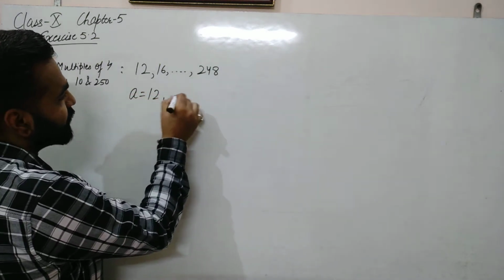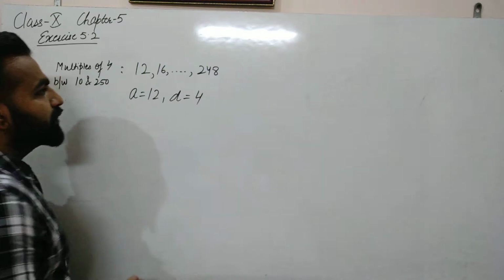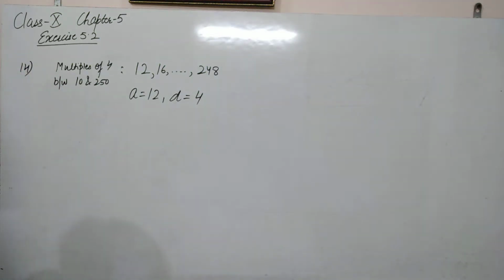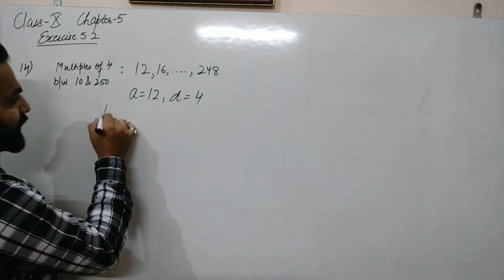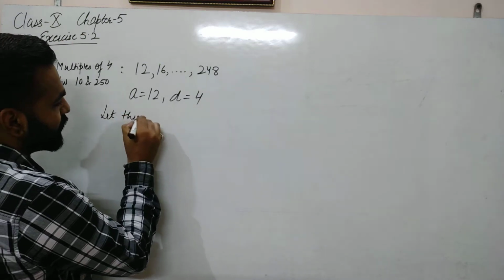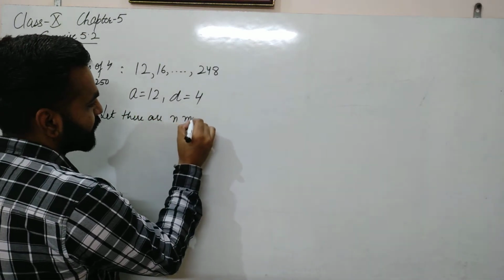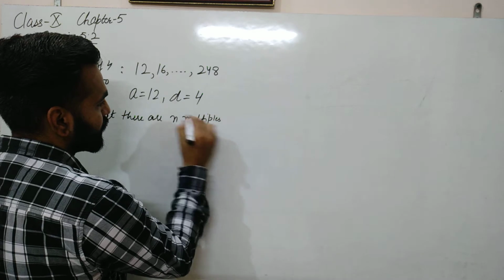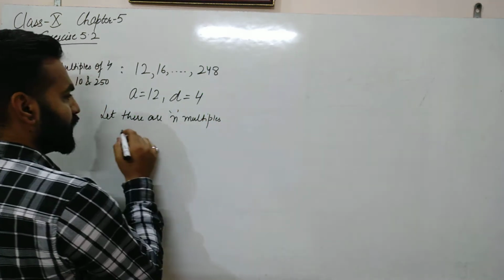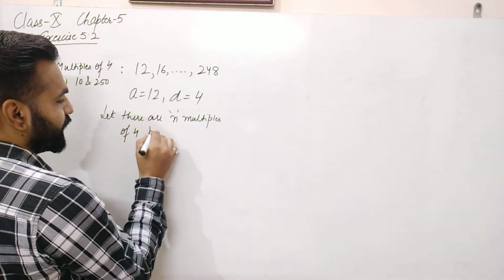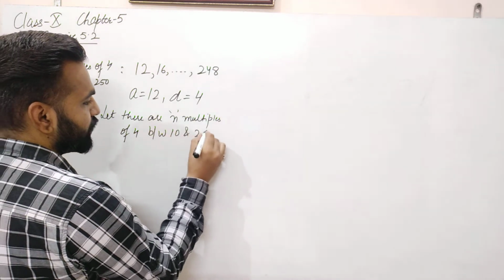A is 12, D is 4. So we have to tell how many multiples there are. So let us suppose that there are n multiples of 4 between 10 and 250.